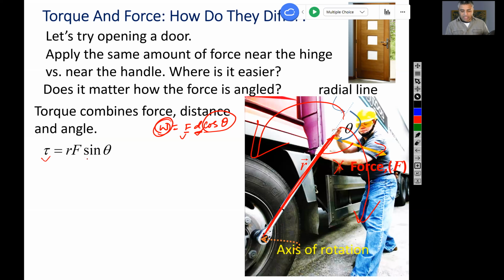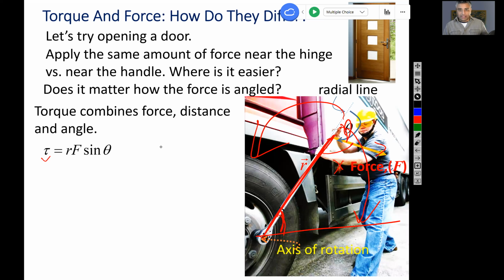Sometimes torque may have cosine theta. If we are not looking for this angle, rather we are looking for this angle, let's say, then torque could be written in terms of cosine theta. Okay, so that may happen. So keep that in mind. So this sine theta is not totally absolute.